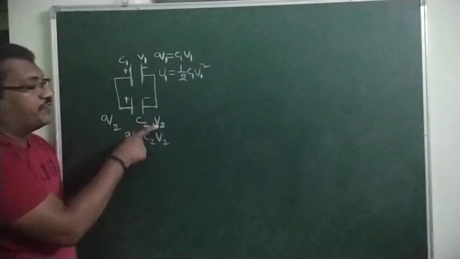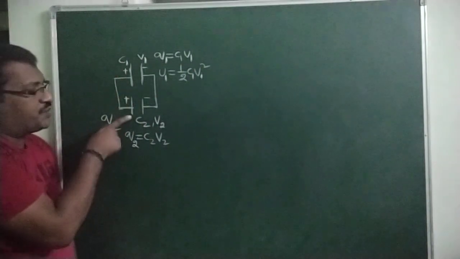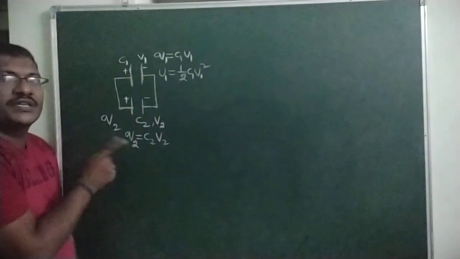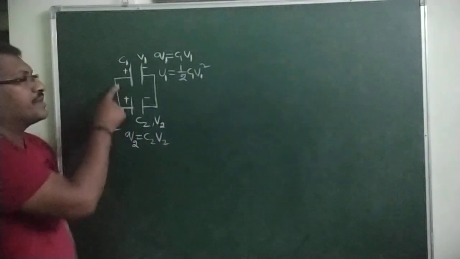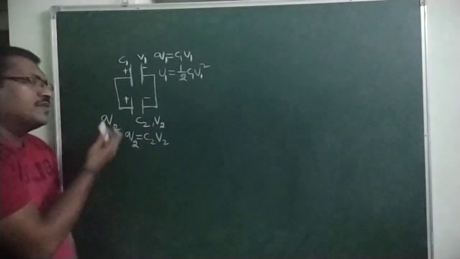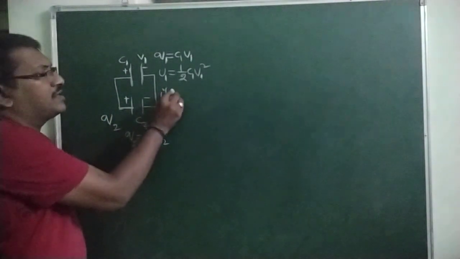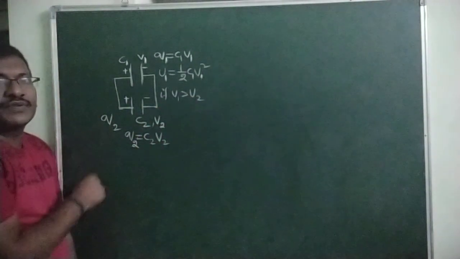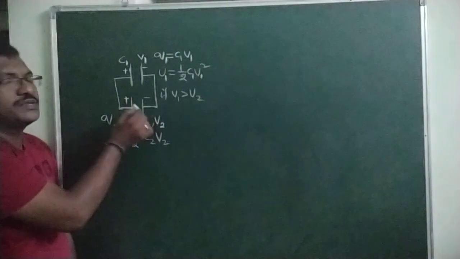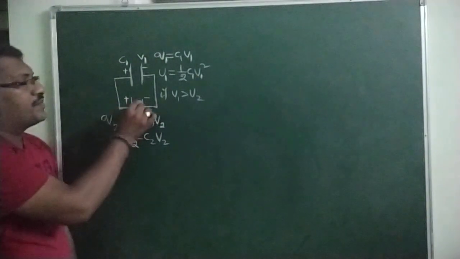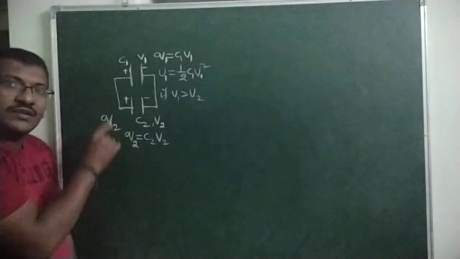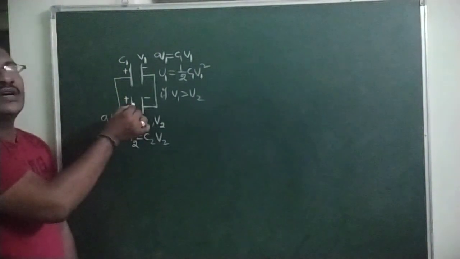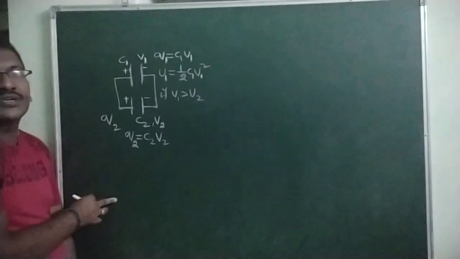Or if V2 is more than V1, that means the potential of the second capacitor is more than the potential of the first capacitor, then charge flows from the second capacitor to the first capacitor. For example, I am taking V1 greater than V2. In this situation, charge flows from the first capacitor to the second capacitor, and the process continues until both get the same potential.